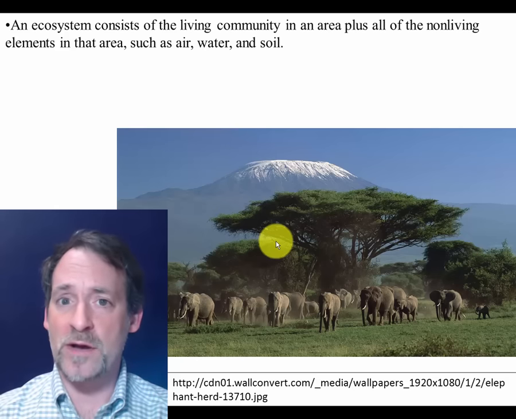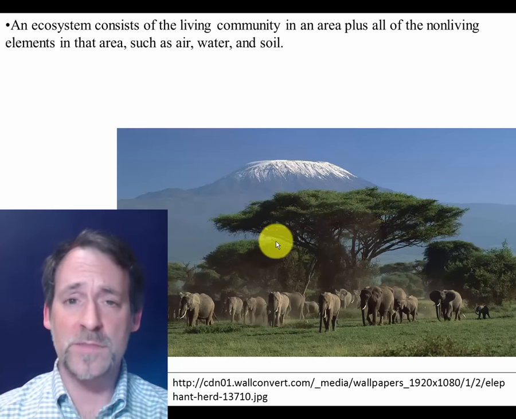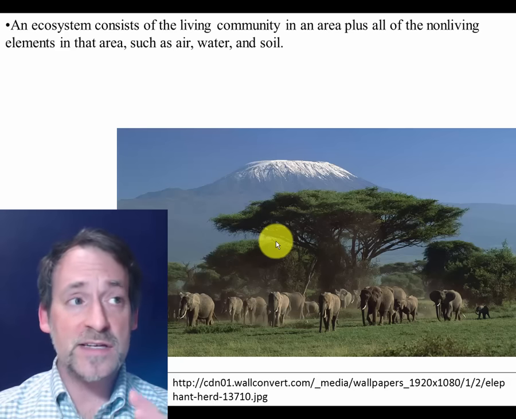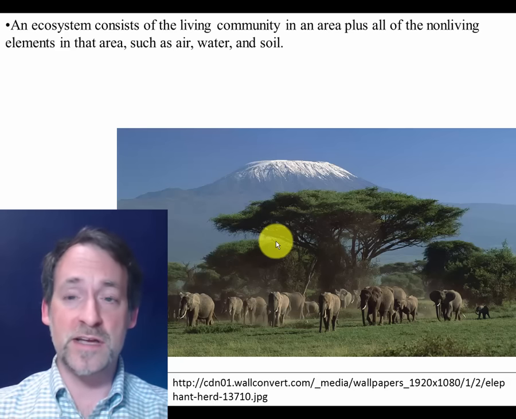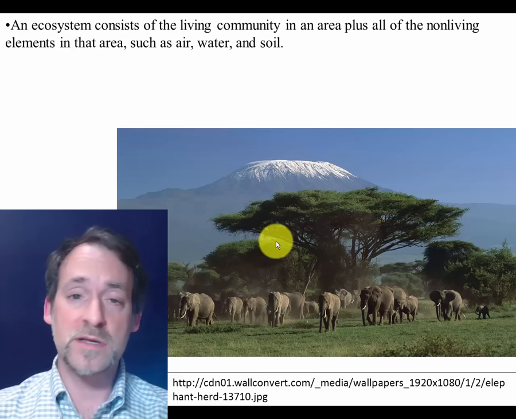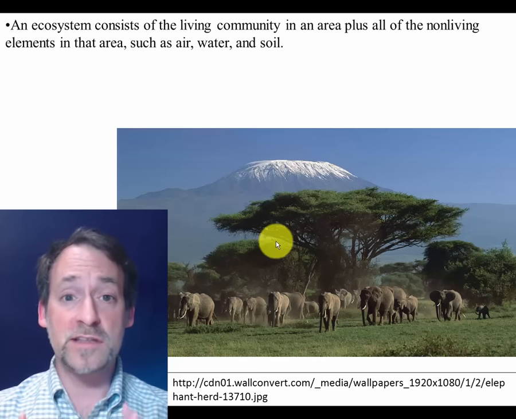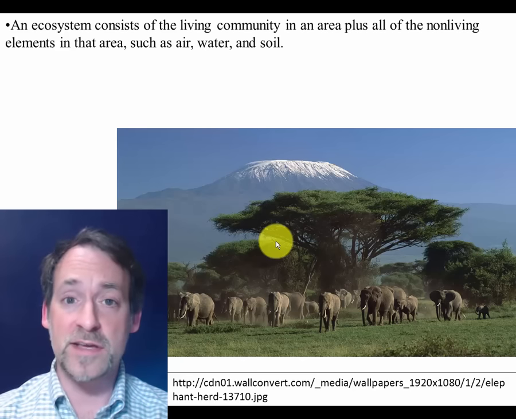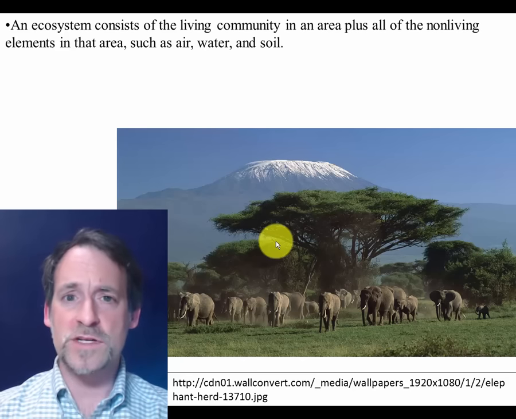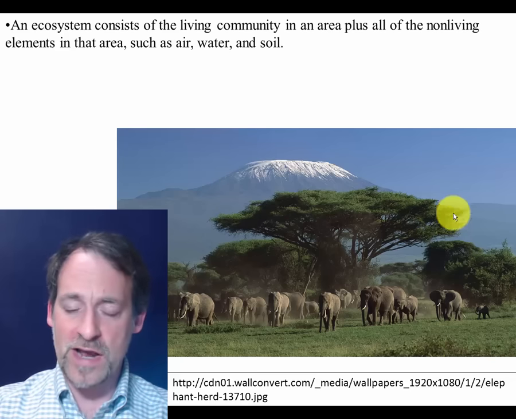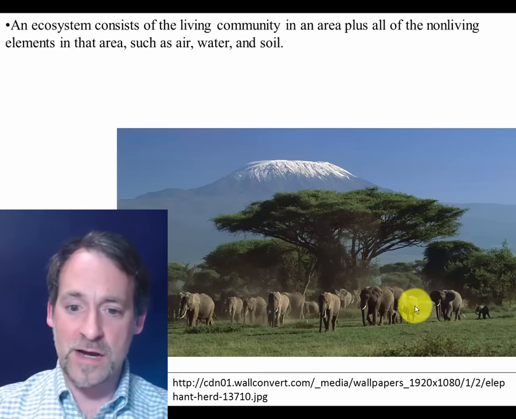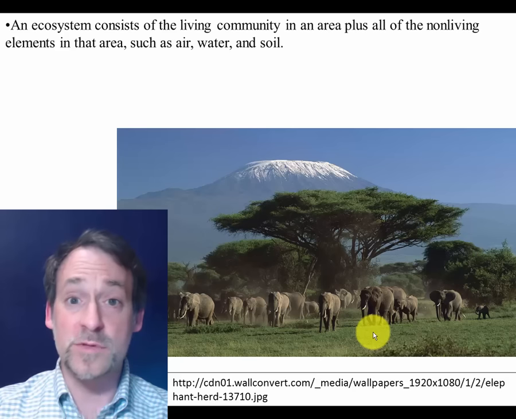Now what we're going to be talking about is the ecosystem level of organization. An ecosystem is basically a community or communities living in an area plus all of the non-living stuff that they interact with. So for example, in this photograph, you can see that there are animal and plant communities here.